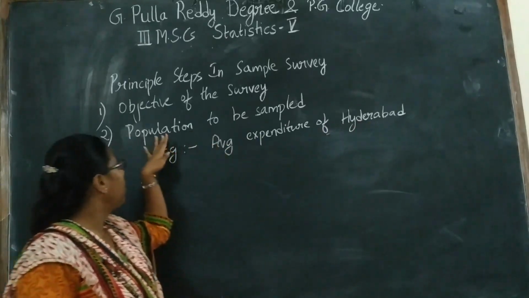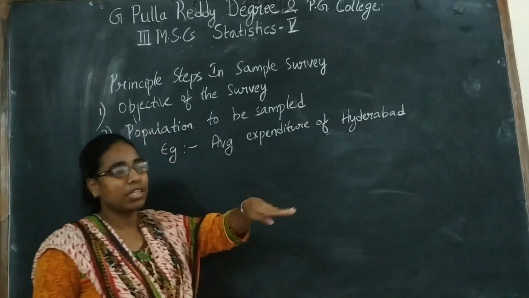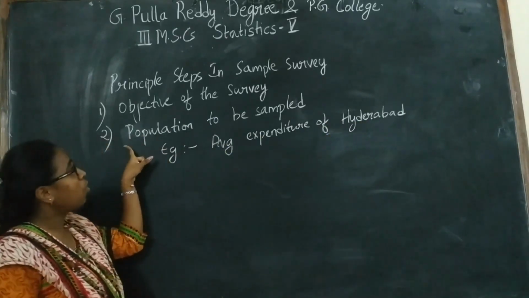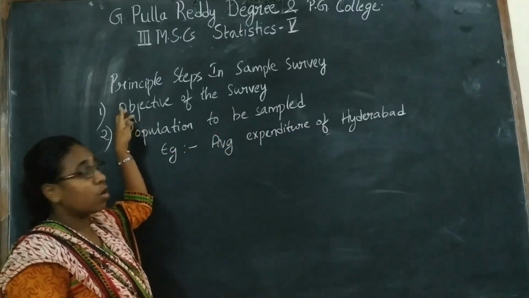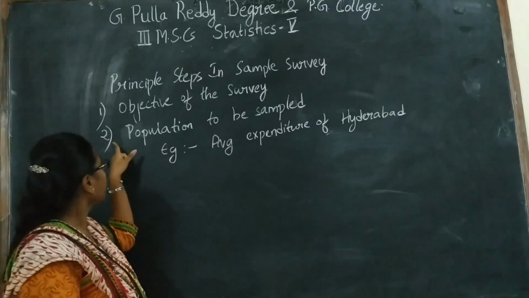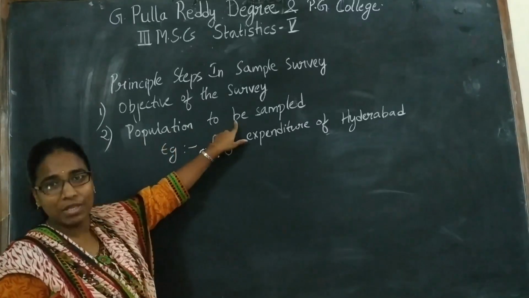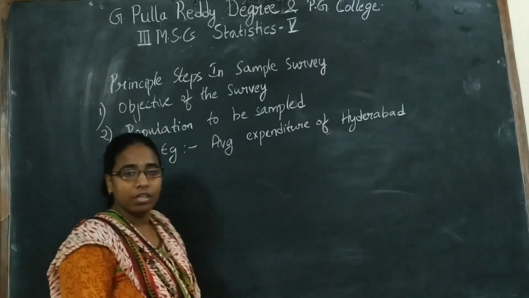So my population should also be the Hyderabad population only. I cannot take some other population, right? So always the population to be sampled is dependent on your objectives. So depending on this objective only, all the steps are proceeded. So second one is population to be sampled. It should be taken carefully dependent upon our objective.